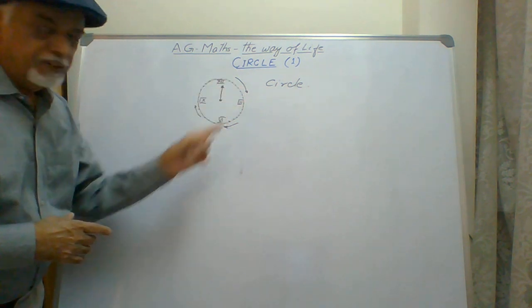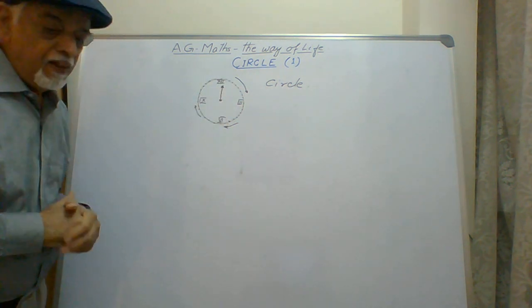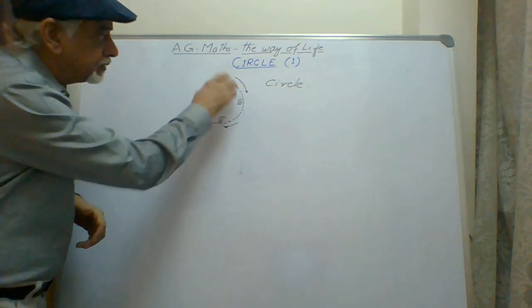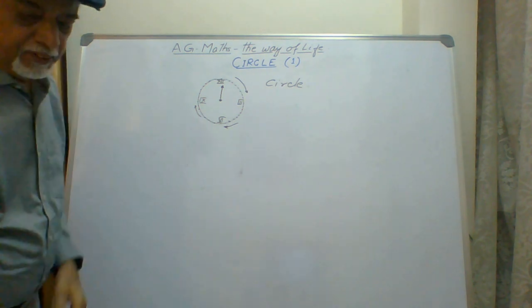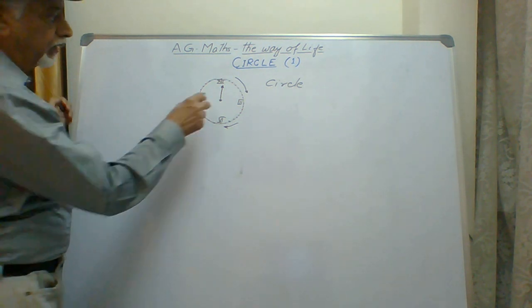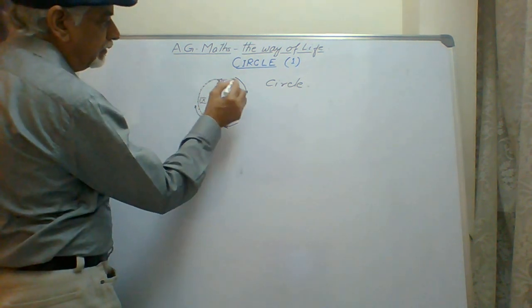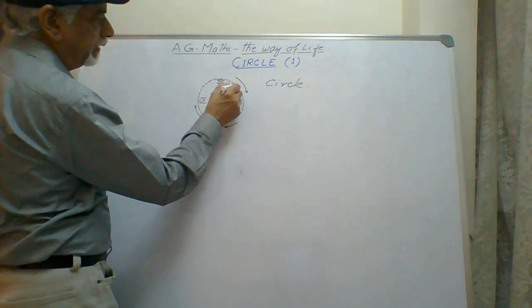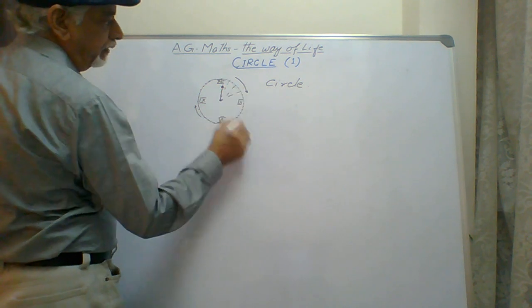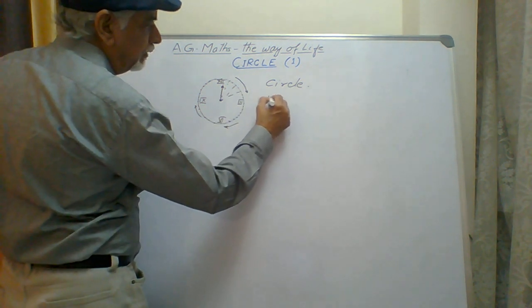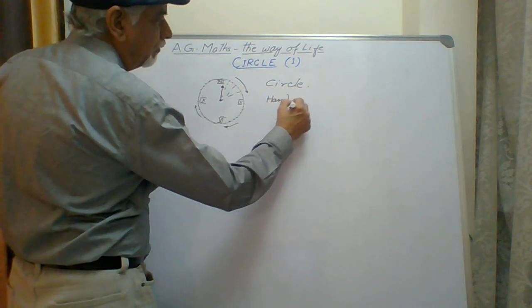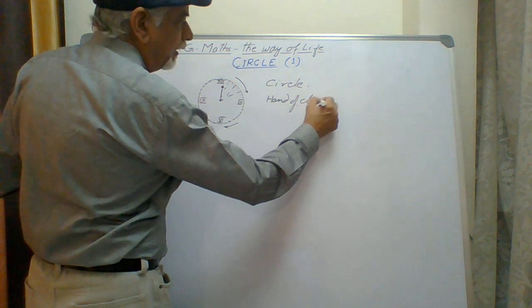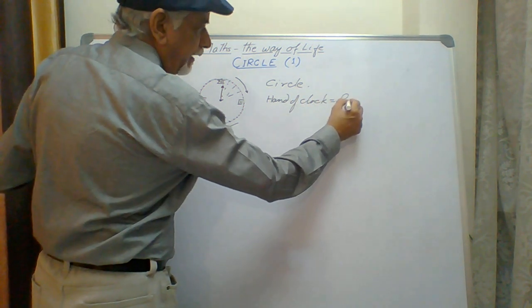And I have denoted the formation of circle. Now, if this path is called the circle, then what is this hand called? This hand is touching here, no? Suppose this is the position, it is coming here, coming here, coming here. So this hand of the clock can be called the radius.